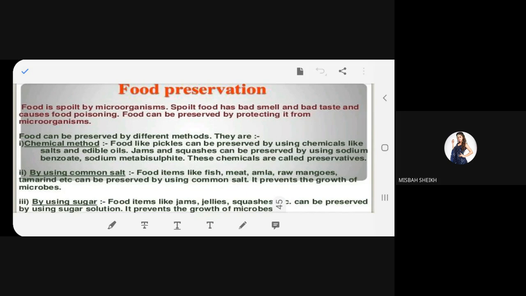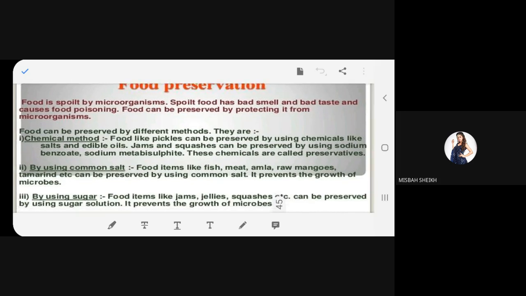You get a different smell. So, who has spoiled the food? It is all microorganisms. It has a bad smell and a bad taste. And if you have that without your knowledge, it will lead to food poisoning and we can even die. Now, we have to preserve it from these microorganisms. Let's see how we can do it.